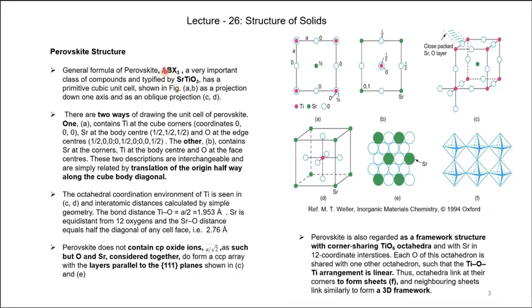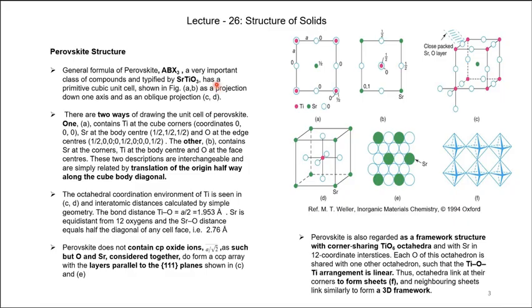A is a cation, B is another cation, and X is an anion. If we typify this perovskite with strontium titanium oxide, the projection of strontium titanium oxide is here.